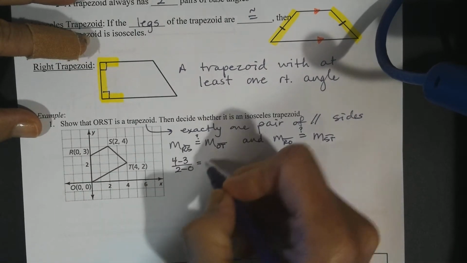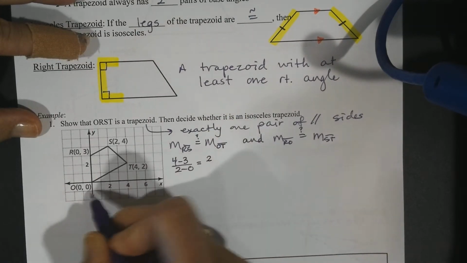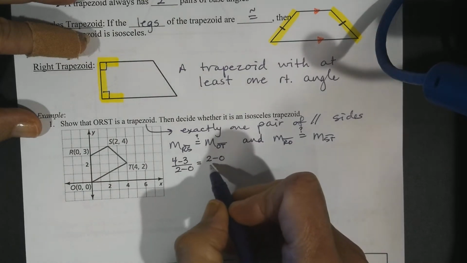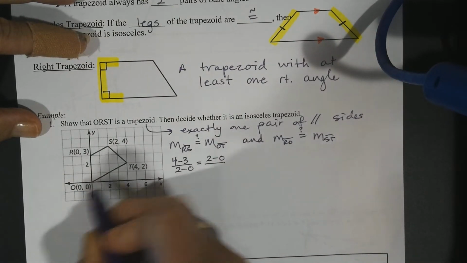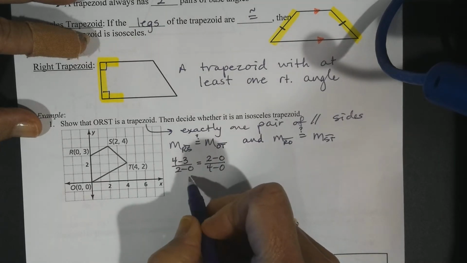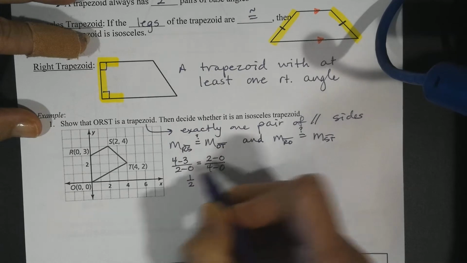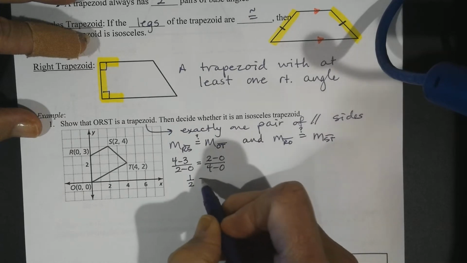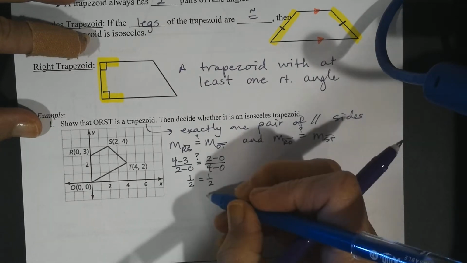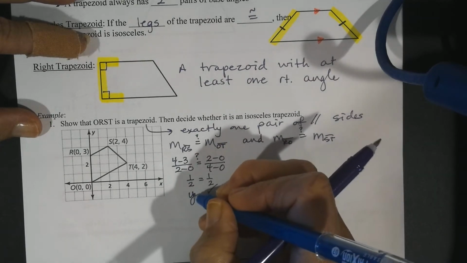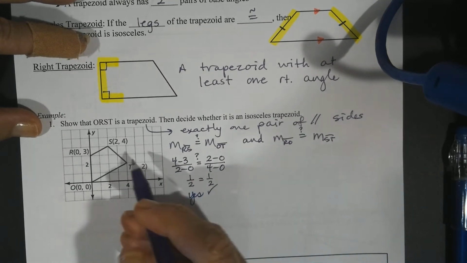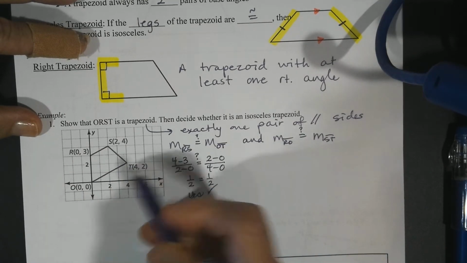This one's going to be 2 over 4 minus 0. So this is going to be 1 on the top, 2 on the bottom, and this is going to be 2/4, which is also 1/2. So these are parallel.